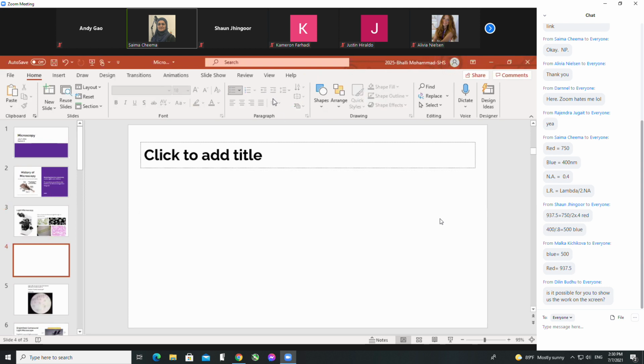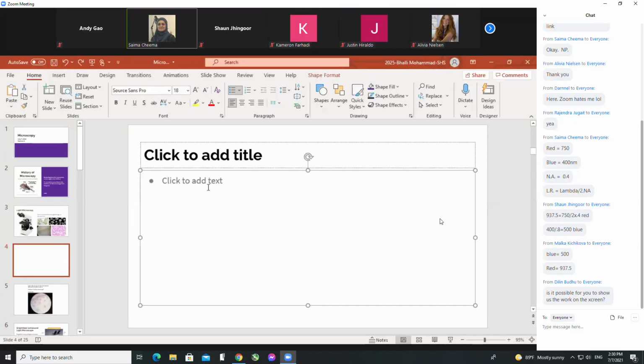Okay, so the formula was, limit of resolution equals wavelength of light, which we represent as lambda, divided by 2 times the numerical aperture.